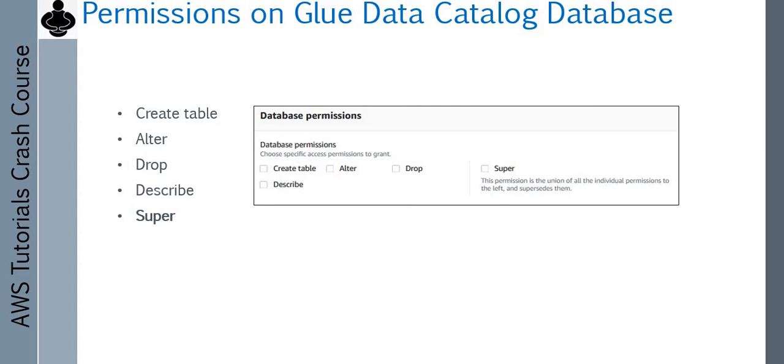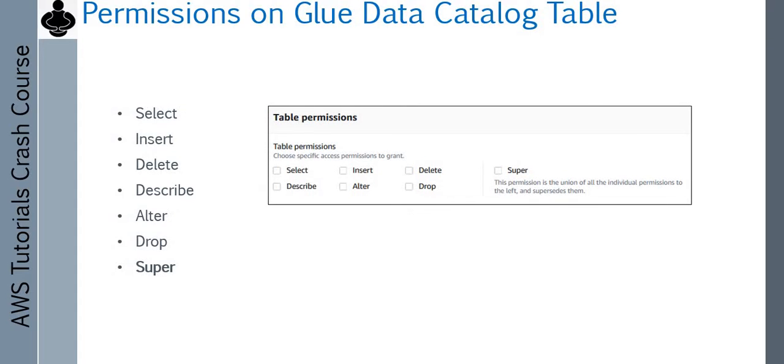Now, if you go below the database, then we have tables. At the table level, a different set of permissions apply. You have permissions like select, that means can someone query data from this table. Insert means can someone insert data. Can someone delete data? Can someone use the describe permission to fetch information about the table?